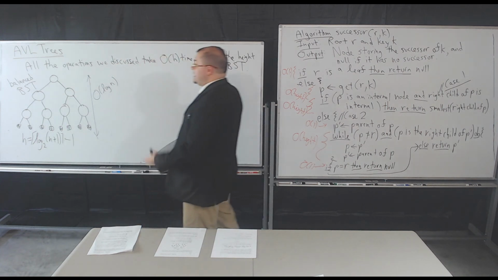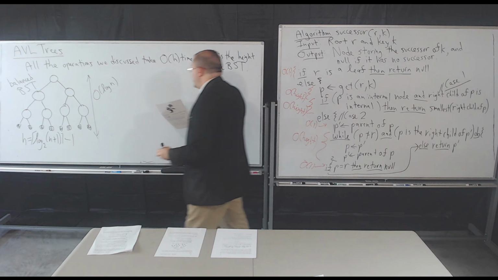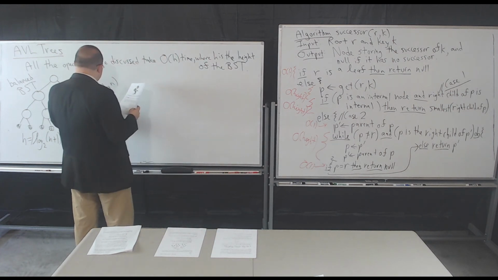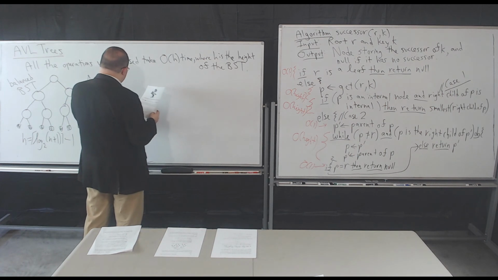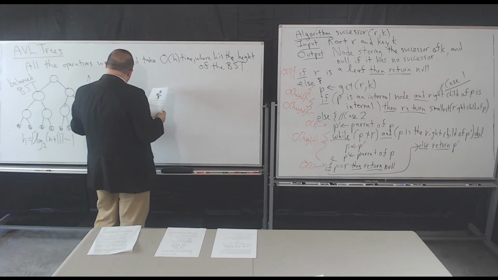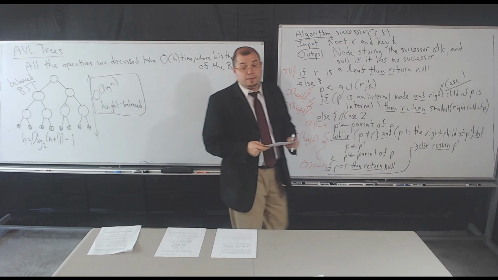So this would be an ideal scenario where our tree is what we would call height balanced. Height balanced trees have height big O of log n.